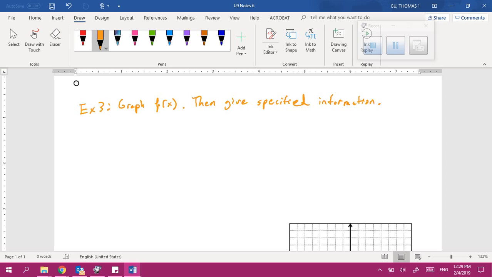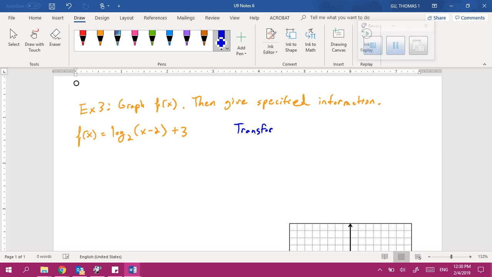So first example is going to be f of x equals log base 2 of x minus 2 plus 3. And the first thing that I want you to tell me is the transformations.